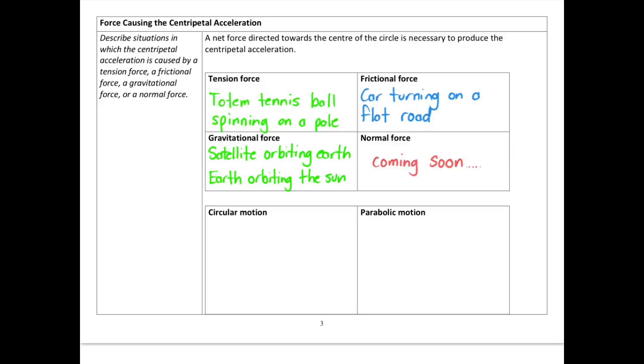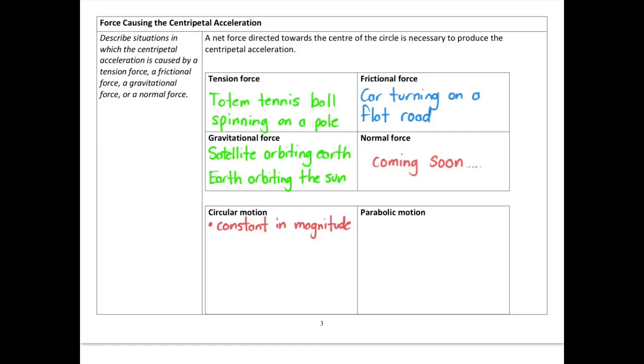So firstly, in circular motion, we have a force that is a constant force. At least it's constant in its size, or its magnitude, which is the word we use a lot for size in physics.